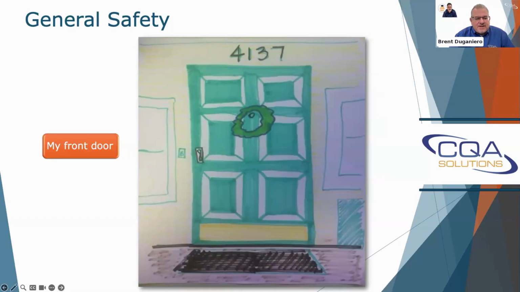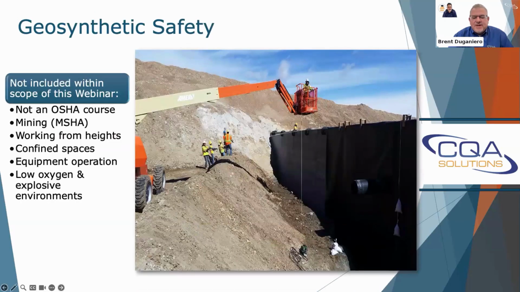We do this not just for the fun of it, but to demonstrate that there is somebody waiting on the other side of that door for you to come home to each night, and they're counting on you to be home. So we talk about some of the best practices moving forward that you can employ that will hopefully keep you and your coworkers safe and get you home to your own front doors.